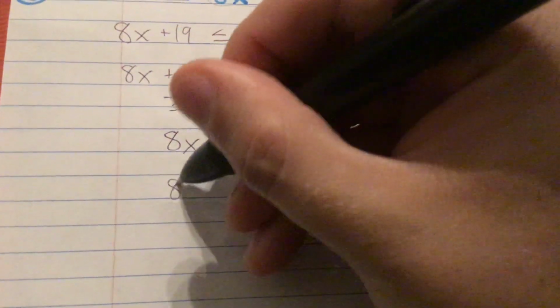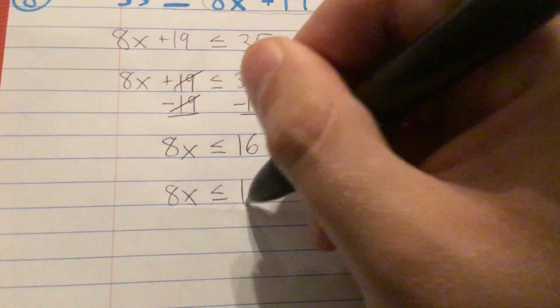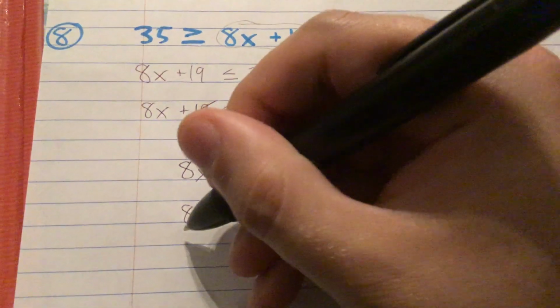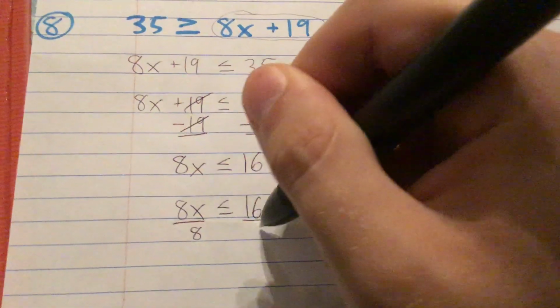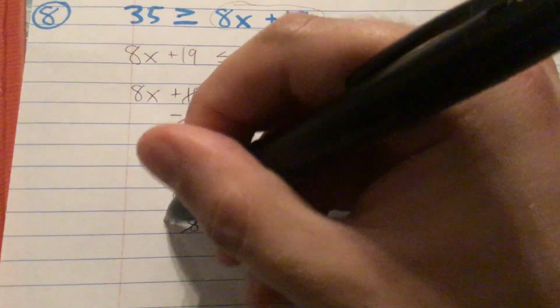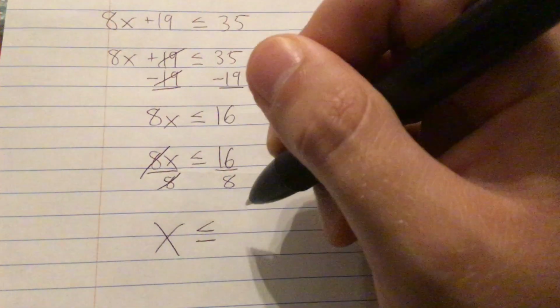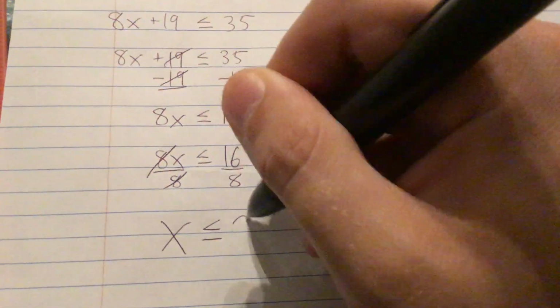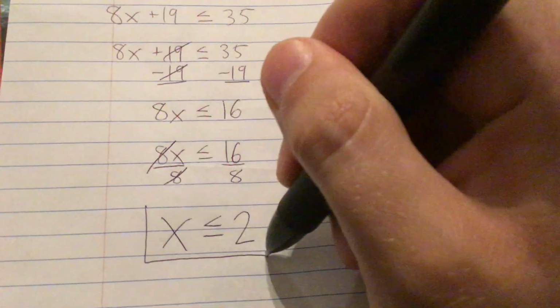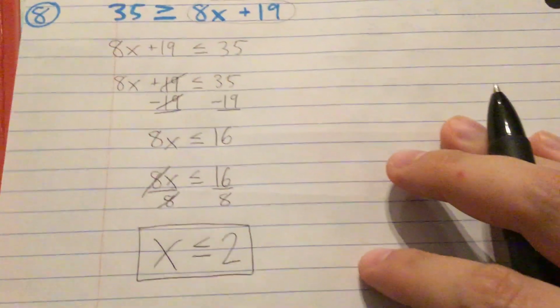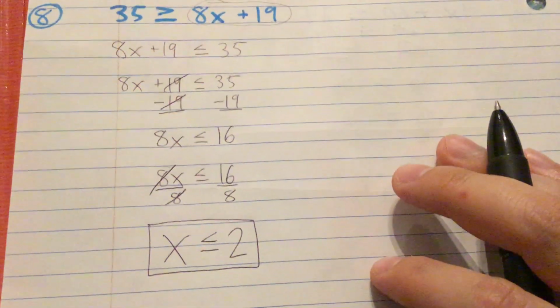Now we've got 8x is less than or equal to 16. And I'm going to divide both sides of the inequality by 8. And now x is, we divided both sides by a positive, so that's less than or equal to 16 divided by 8, which is positive 2. Now, x is less than or equal to 2.